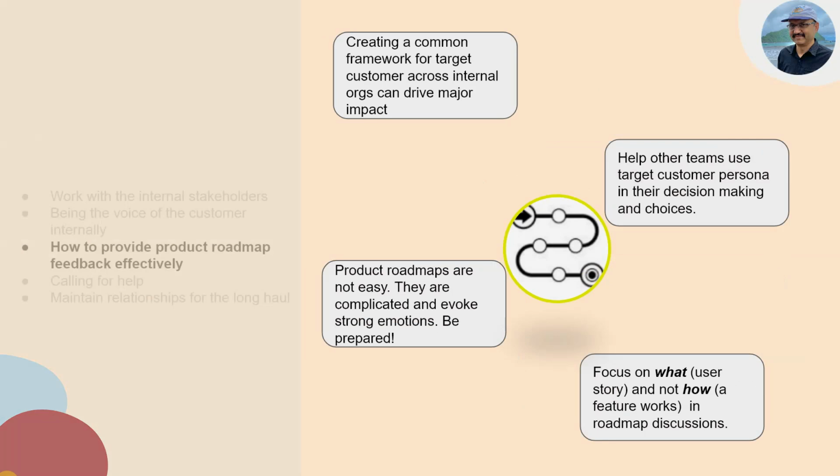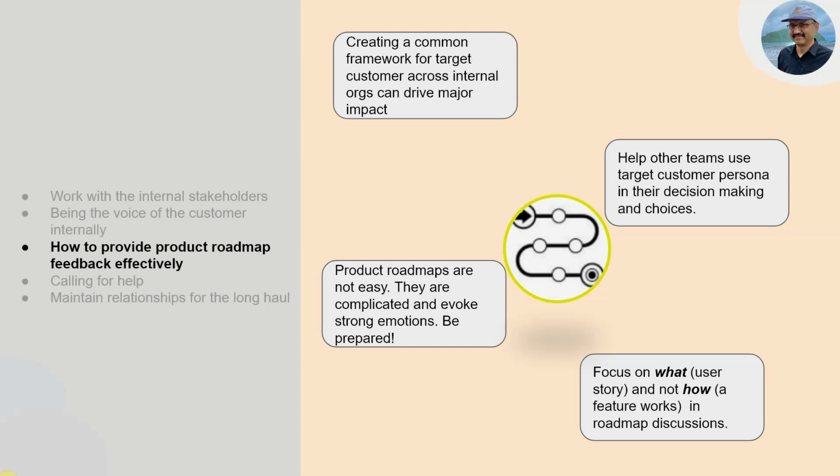Moving along is one of the most contentious parts of the conversations, which is getting your feedback incorporated into roadmaps. So how are you going to do this? Basically, you want to make sure that the product teams are looking at the typical target customer persona in the same way as you are.